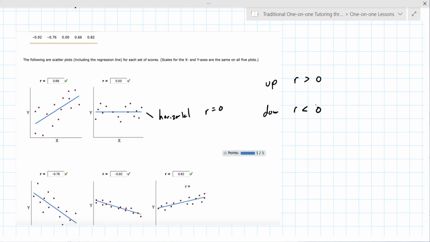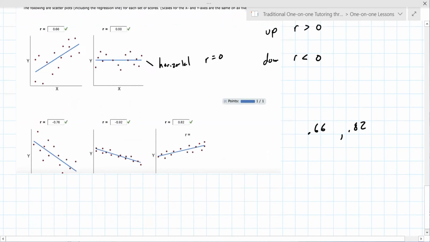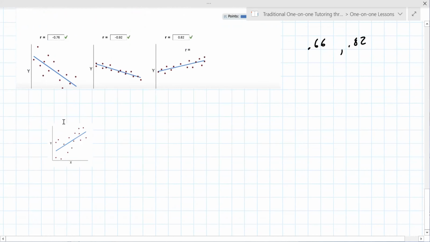Then you're maybe comparing between 0.66 and 0.82. Let me snip in just the ones that we want to explain, because when there's so much going on, it's hard to focus. There's that one, and this one also going up and to the right.